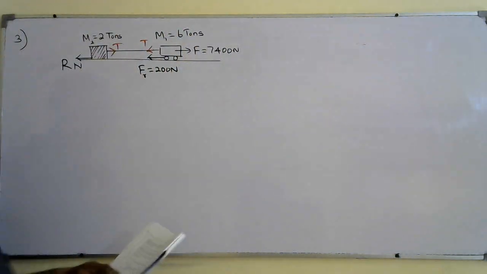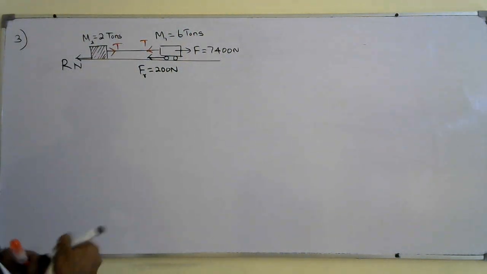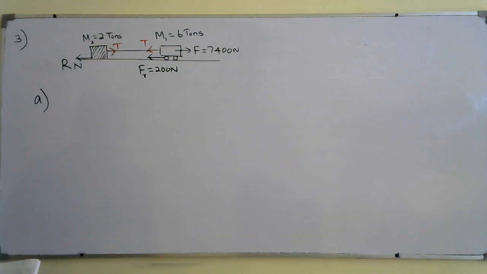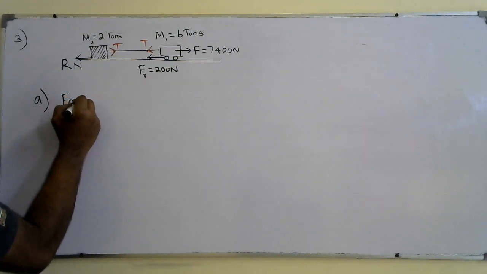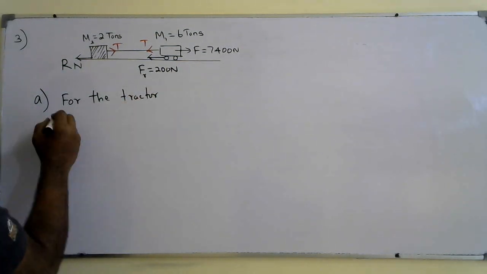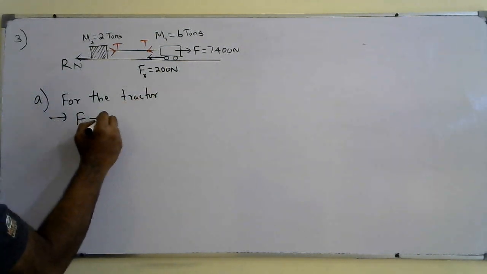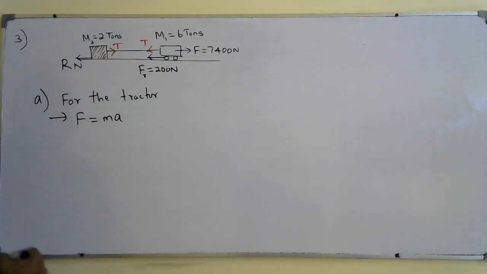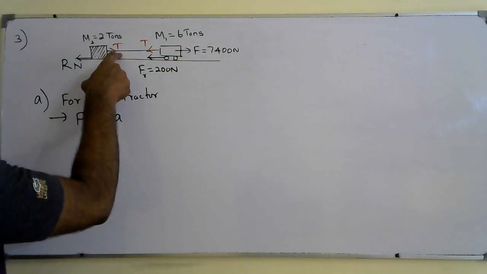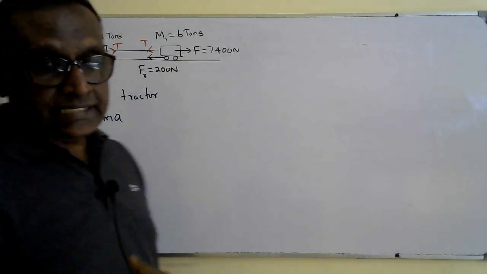Okay, now simple. The question is, find the value of R. So for that, we can use F equal ma. So for the tractor, we'll use F equal ma in this direction. The reason I am not using F equal ma for the box first is, I know the tension, but the acceleration is unknown.